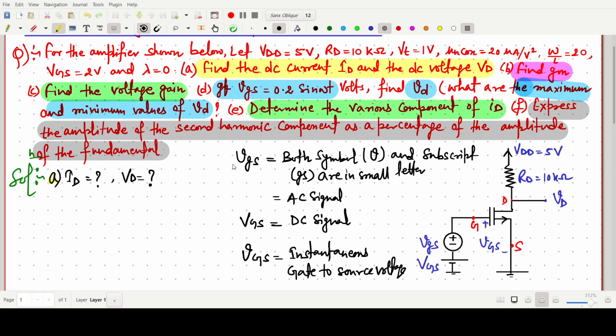Again I am highlighting: when both the symbol and the subscript are small letters, it is AC; both capital, DC; and symbol small with subscript capital, this one is our instantaneous gate to source voltage.